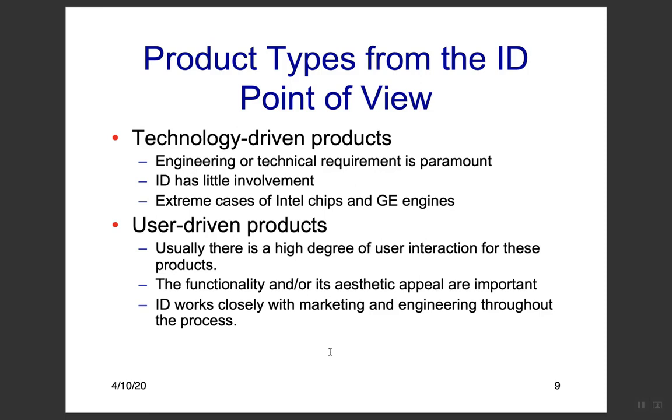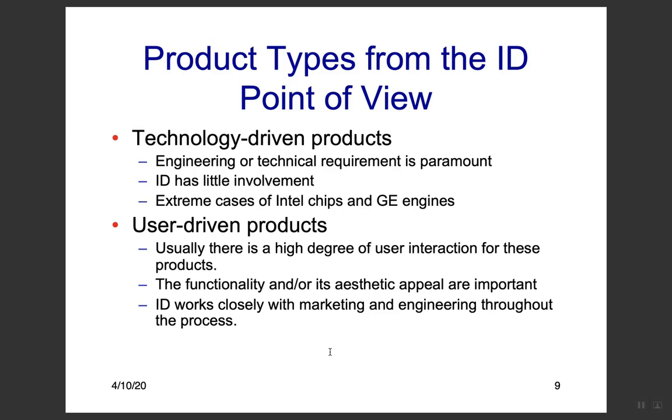Actually, they are driven by technology. Of course, the technology of chips, for example microchips, processors, and also the camera. They are driven by that.